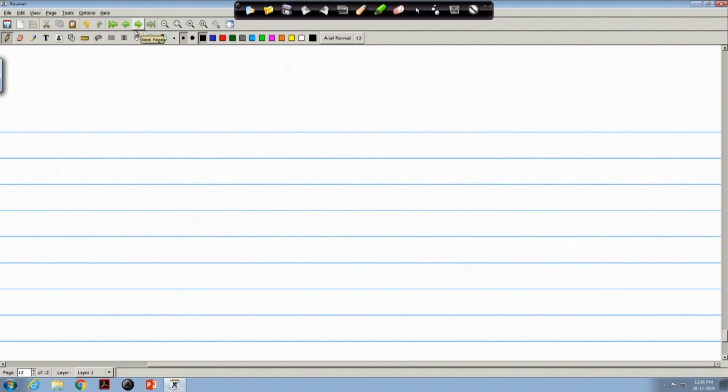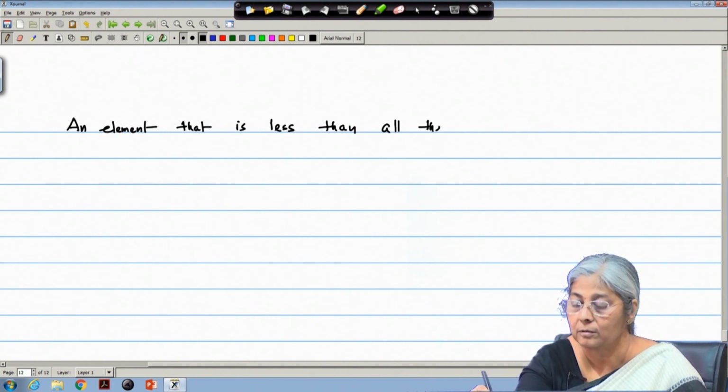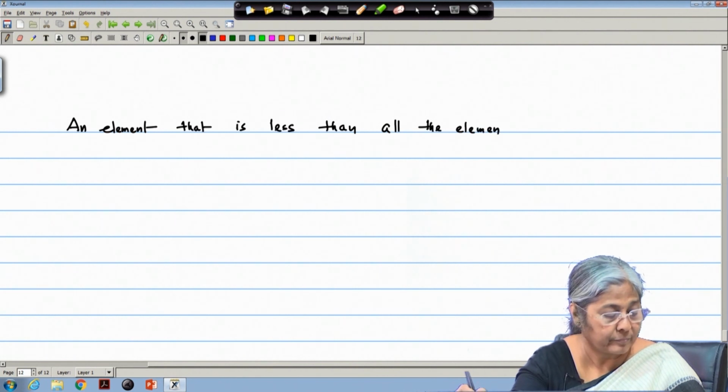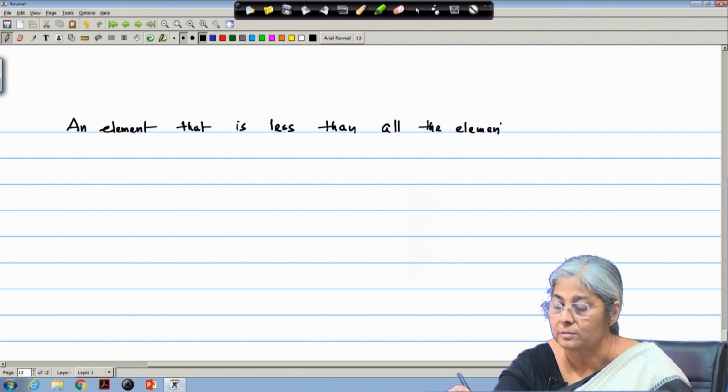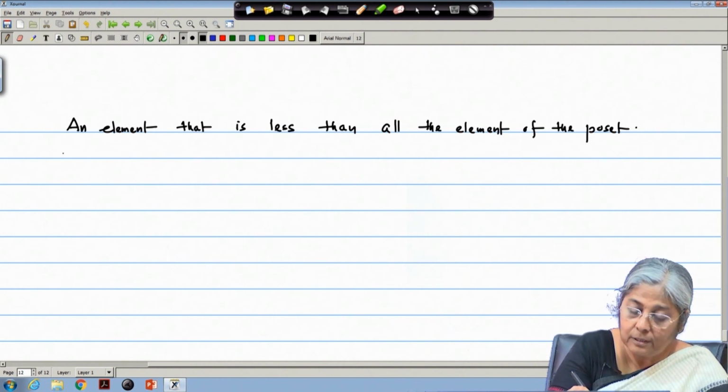Now, in a similar way I can define my least element. Again, sometimes we get an element that is less than all the elements of the poset.